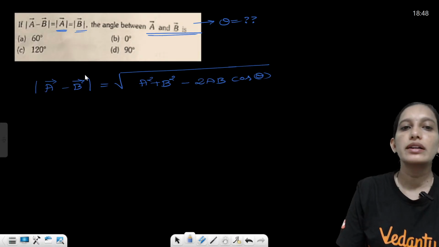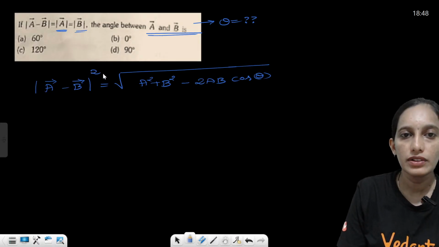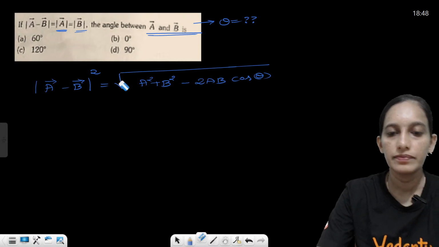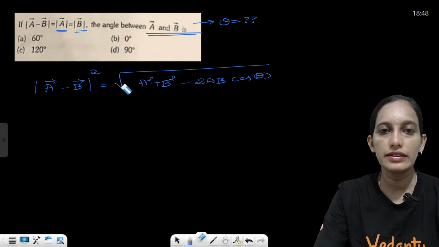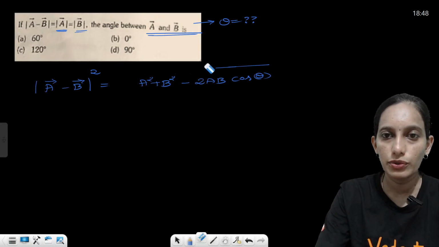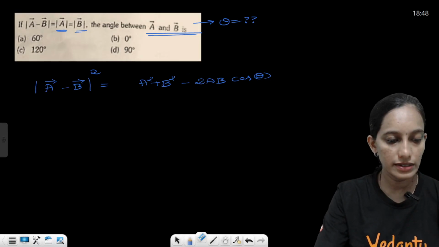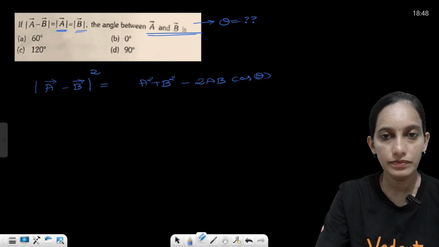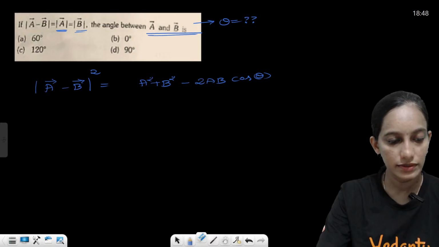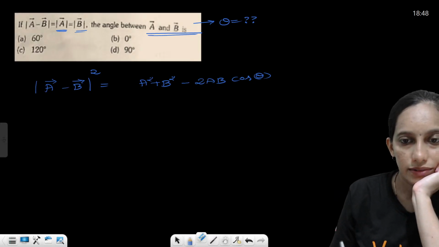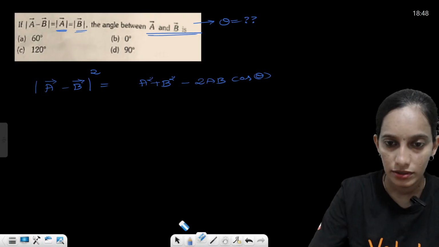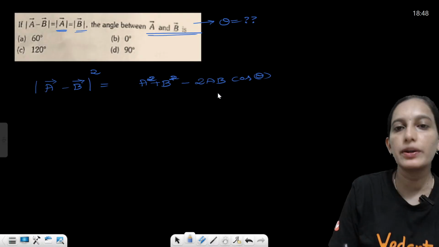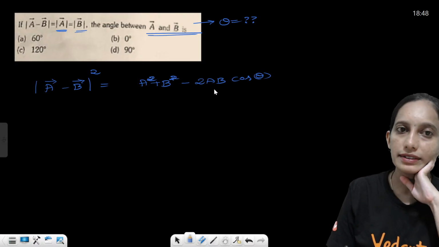Okay. So ಏನು ಮಾಡ್ತೀನಿ? I will square this. Square ಮಾಡಿದ್ರೆ ಇಲ್ಲಿ ಏನಾಗುತ್ತೆ? ಈ ರೂಟ್ ಹೋಗುತ್ತೆ. If you square on both the sides, ಈ ಕಡೆ ಸೈಡ್ ಇರುವ ರೂಟ್ ಹೋಗುತ್ತೆ. ಕರೆಕ್ಟಾ? Is that fine? Okay. A square plus B square minus 2AB cos theta ಆಗುತ್ತೆ.